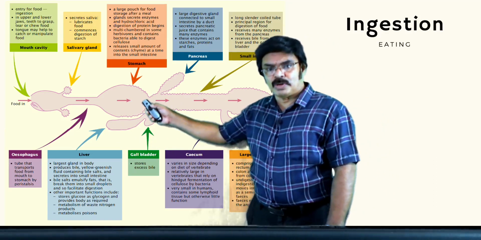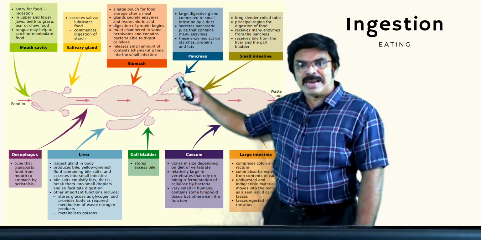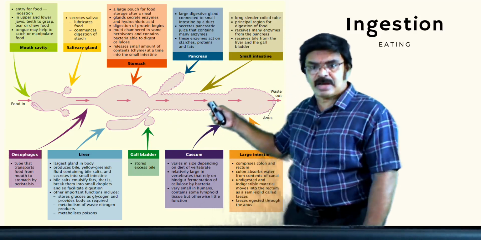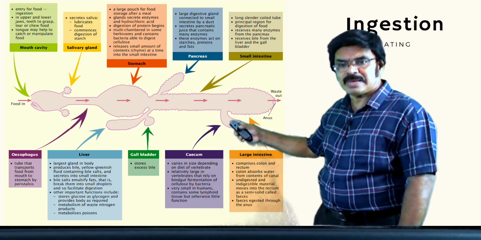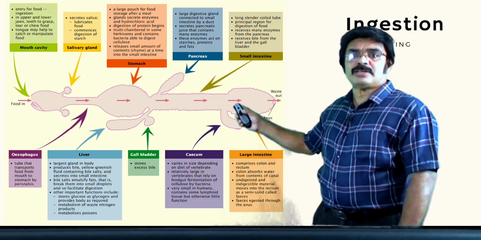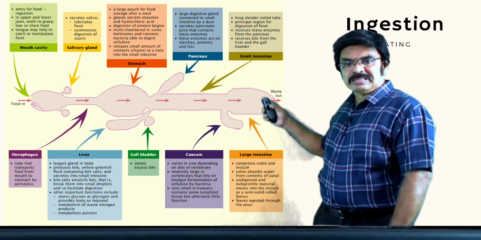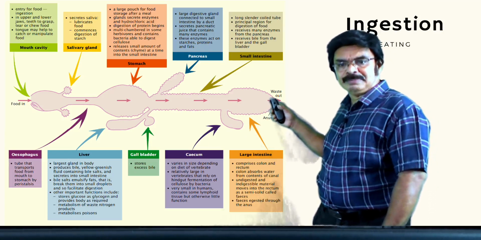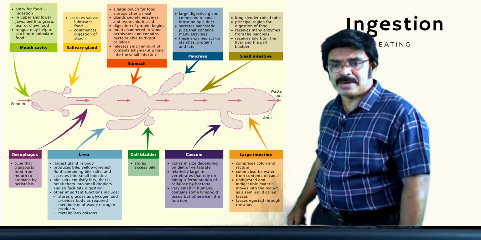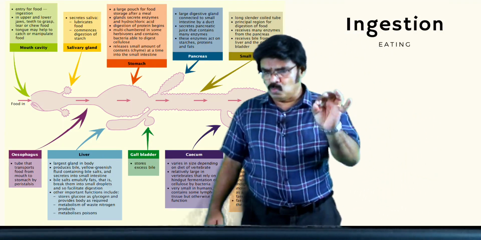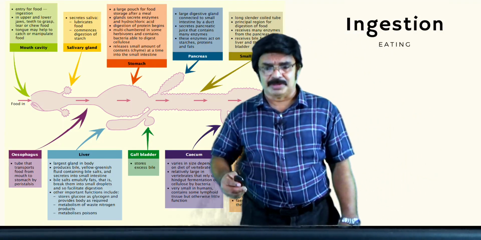And when the small intestine starts, you find the pancreas, and at the end of the small intestine you find the cecum, and it goes to the large intestine, and the large intestine finally ends with the anus. That is the general plan. We are going to learn about them one by one a little bit.